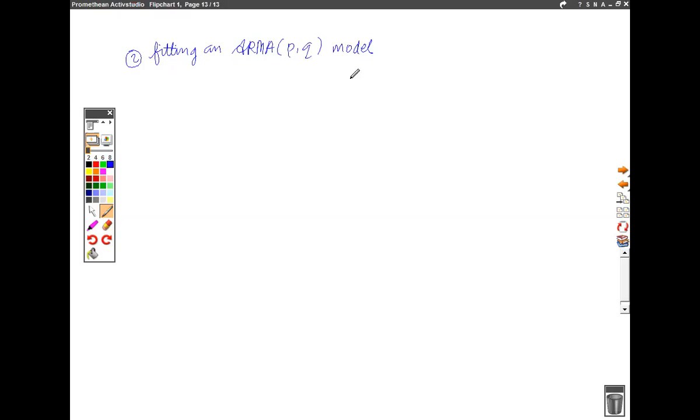Because I know that for the number of data points that I have, that many equations I can make, right? Sometimes you can also use the method of moments by calculating those ACFs, and I'll show you that in a bit, how to estimate the parameters. But fitting the model comes with first estimating the parameters and then checking whether those estimates give you the minimum error or not.